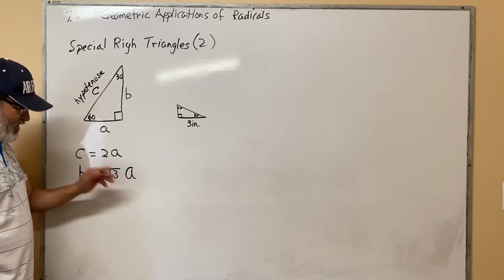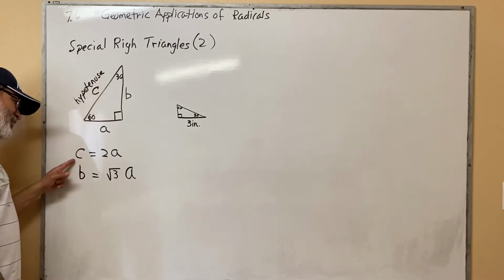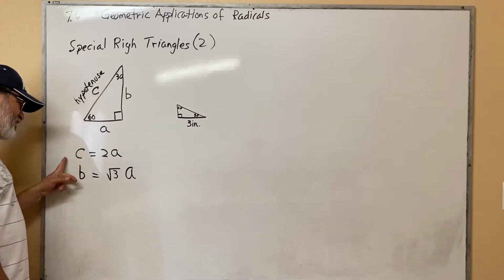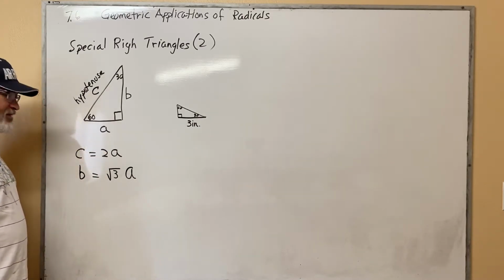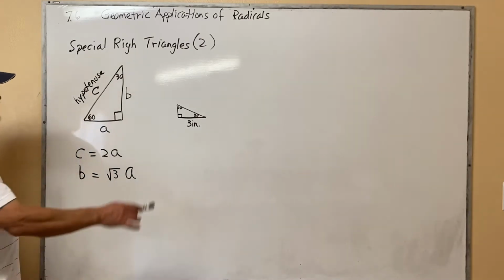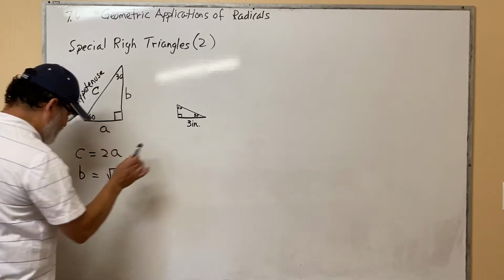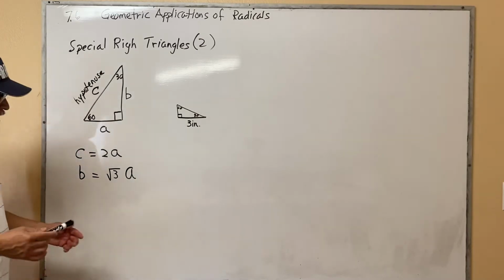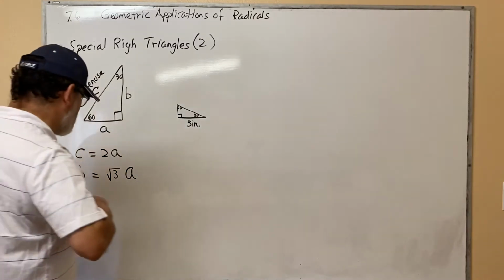Once you're able to get the short leg, you're able to get the hypotenuse because the hypotenuse is twice the short leg. So let's get the short leg first. Let's plug in 3 inches for B. Plug it in there.